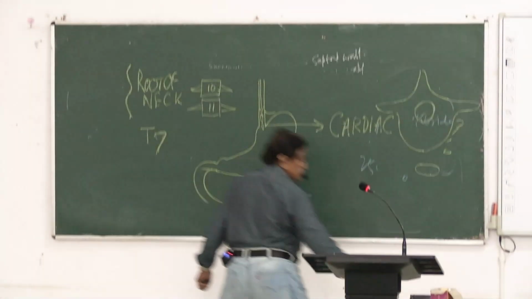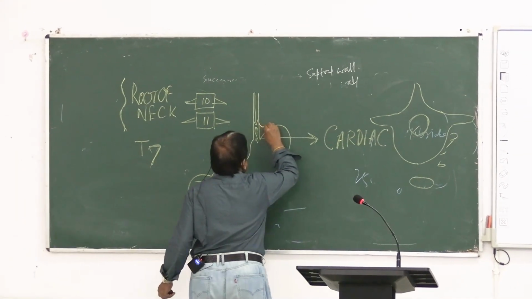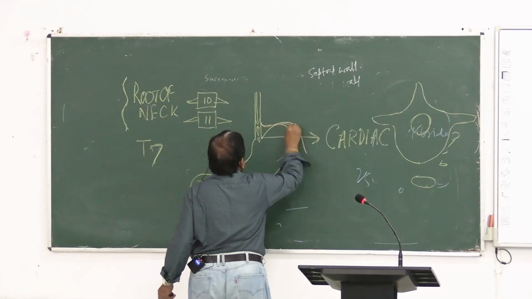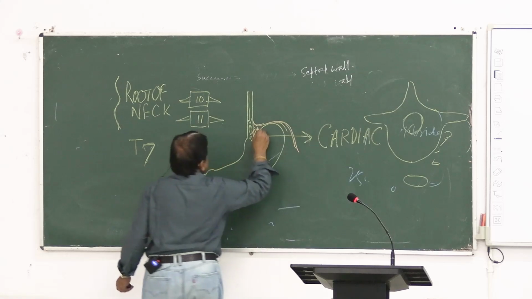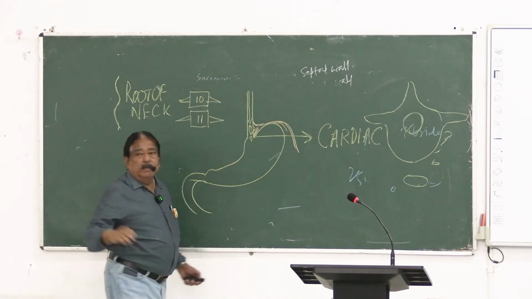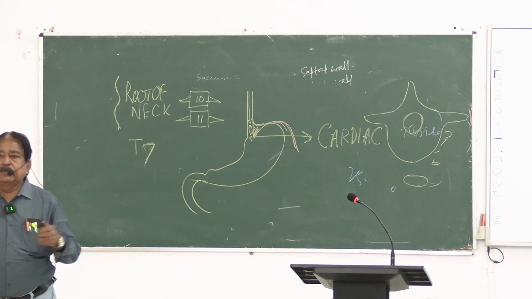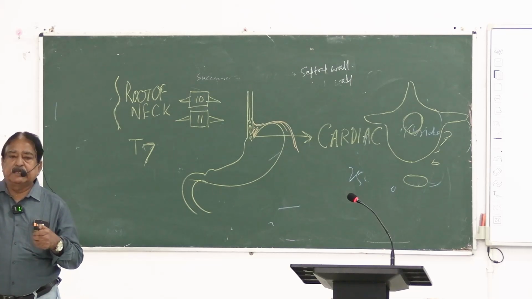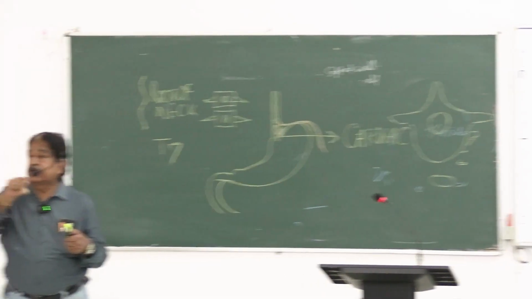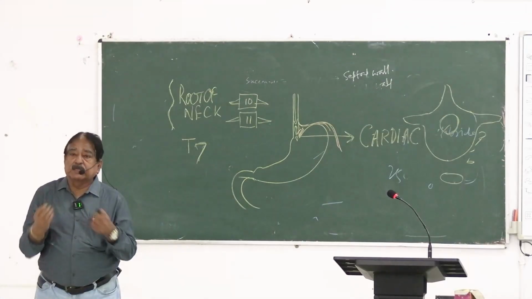Now, this portion, naturally the stomach, which I showed you, the cardiac end, is now in the abdominal cavity. Naturally, the portion of the esophagus that is there is covered by peritoneum or serosa.